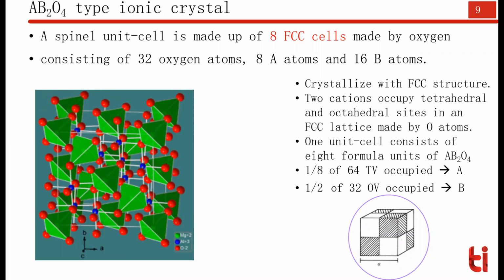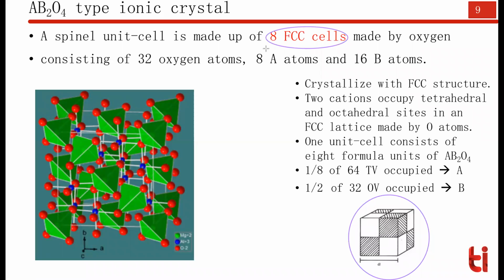And in fact, those subunit cells are not only the cubic unit cells, but they are the face-centered cubic unit cell. So overall, my point is, your AB2O4 type of spinel structure is actually made up of a unit cell which is having 8 subunit cells of FCC. So each smaller circle in the representative diagram is actually made up of an FCC cell.